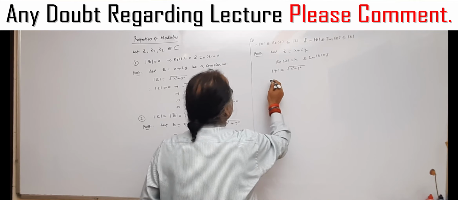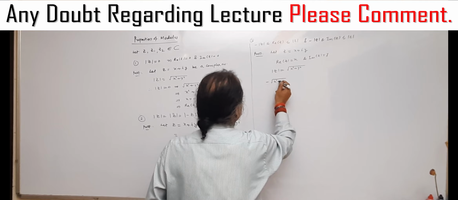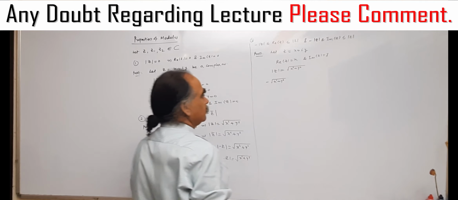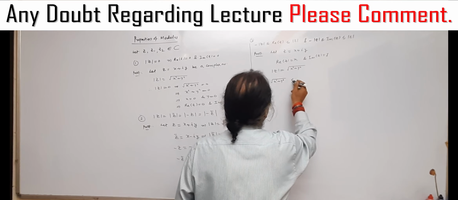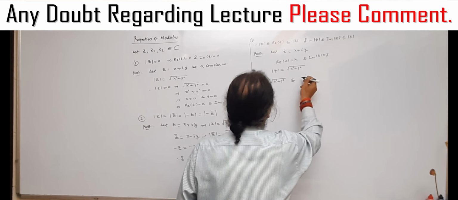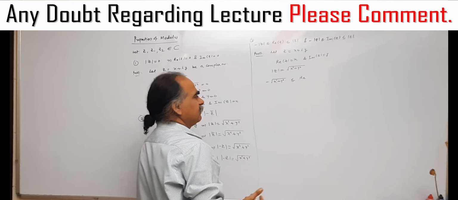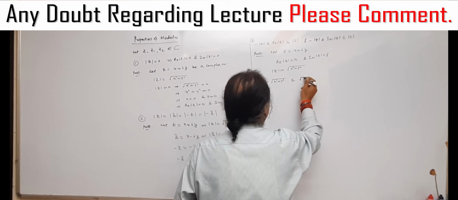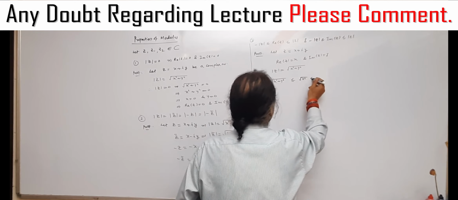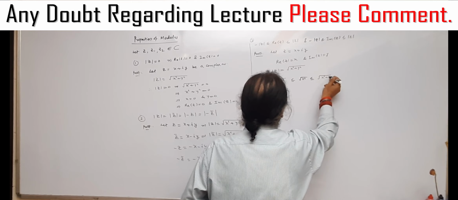Minus root of x square plus y square is always less than or at the most equal to root of x square, because y can be zero, and this is less than or equal to root of x square plus y square.